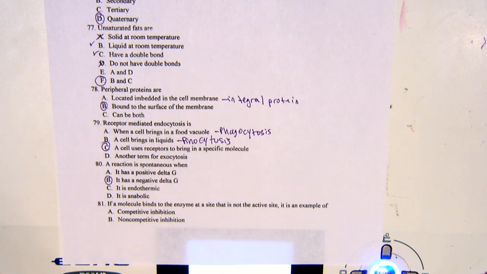So something that releases energy is going to be more spontaneous of a reaction. It's more likely for something to release energy or break than it would be for something to need energy and just happen. So that's why spontaneous corresponds to having a negative delta G or releasing energy.